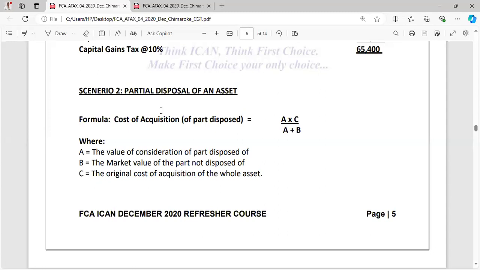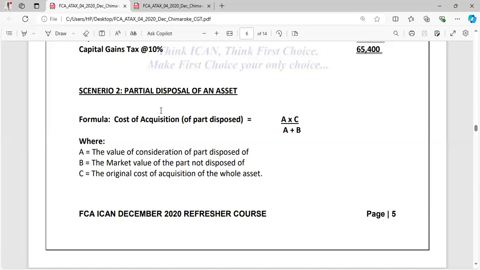So the problem is, how do you determine the cost of acquisition of the parts you are disposing? Because when you were buying them, you bought them as one and paid one full lump sum. As you are disposing the asset, you need to determine the appropriate cost to apportion to that part.